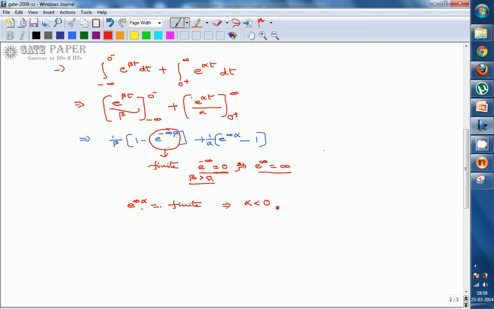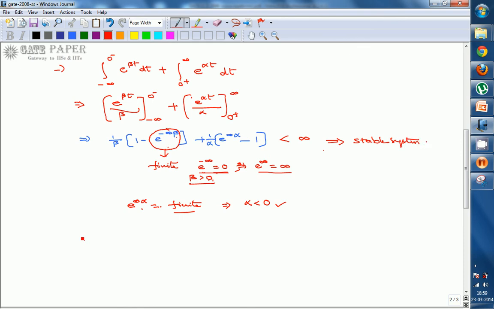By taking alpha less than 0, e power infinity alpha becomes e power minus infinity, a finite value, then the total summation is less than infinity, which is nothing but a stable system.